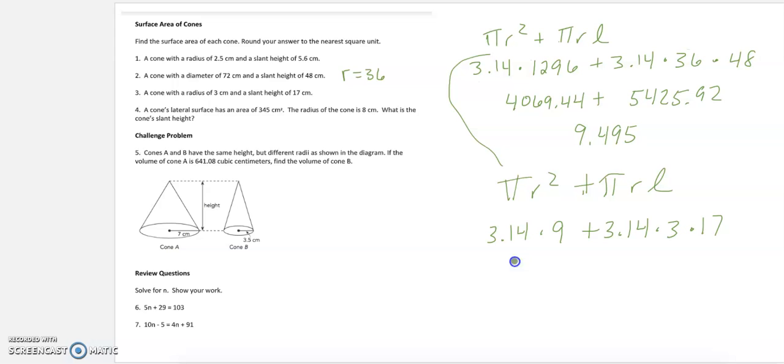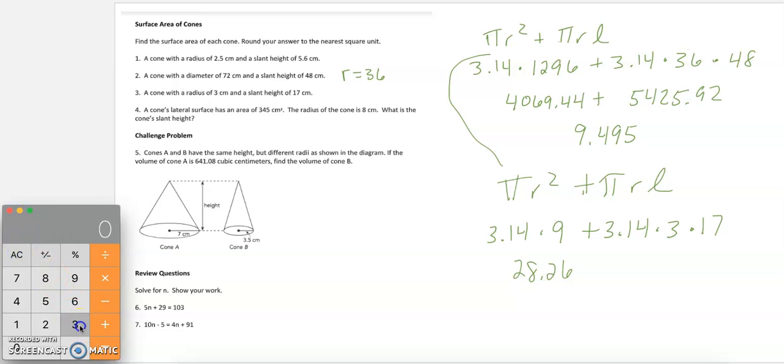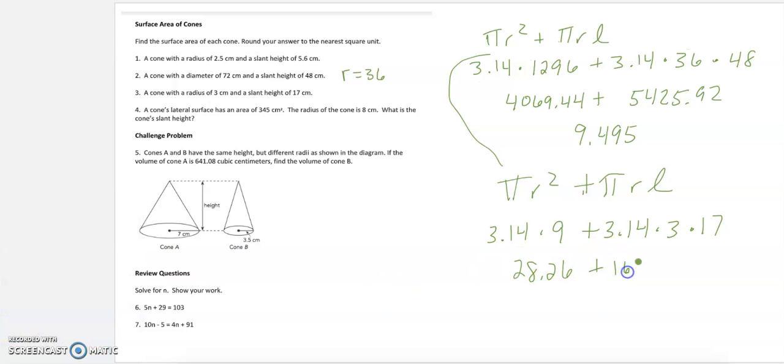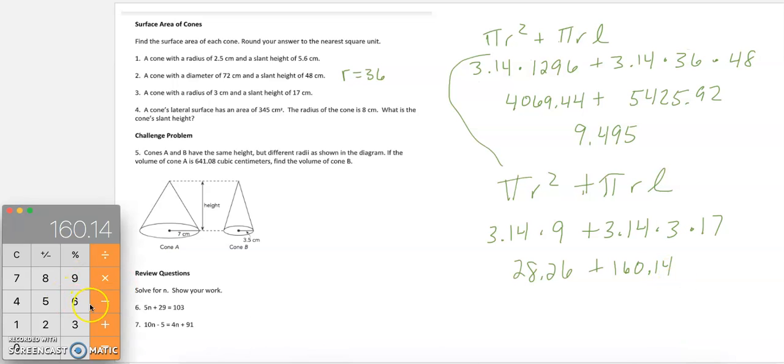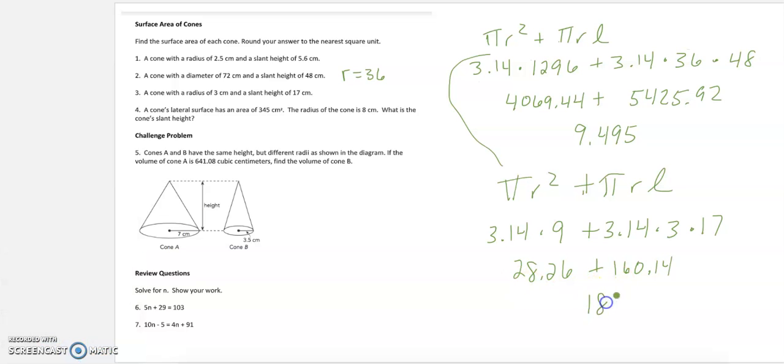Yes, 28.26. And then we have to do the other one, 3.14 times 51. I got the 51 because 3 times 17 is 51, so we get 160.14. So we're going to add 28.26 to that. So plus 28.26 is going to equal 188.4. That's going to be centimeters squared.